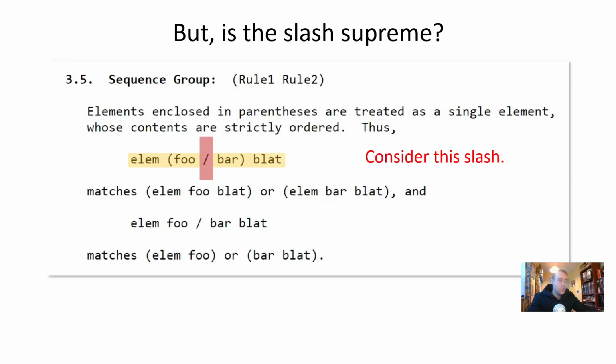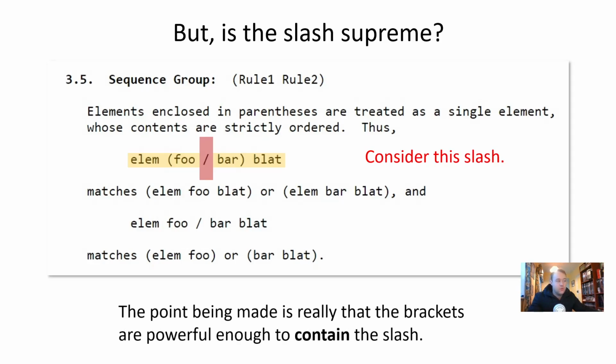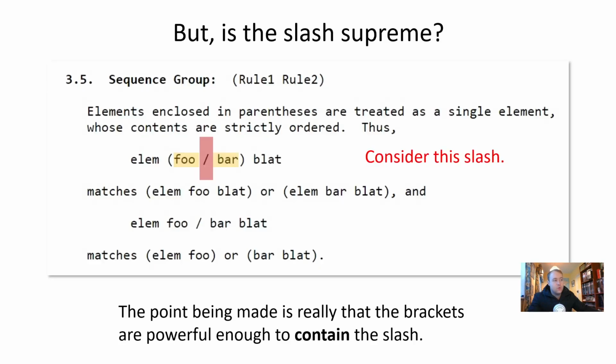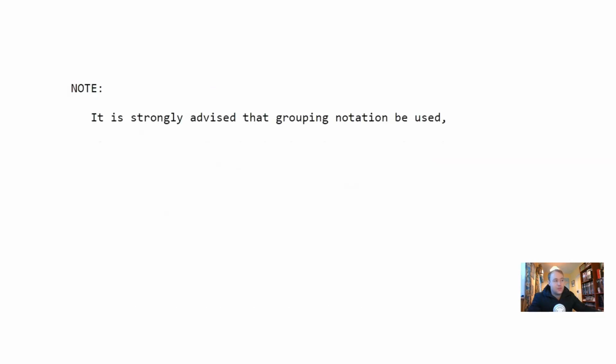Everything before it into one part and everything after it into another part? No. The point being made is really that the brackets are powerful enough to contain the slash as well. So really all it does is divide or have scope over the foo and the bar. So the slash is powerful, but not as powerful as the rounded brackets.